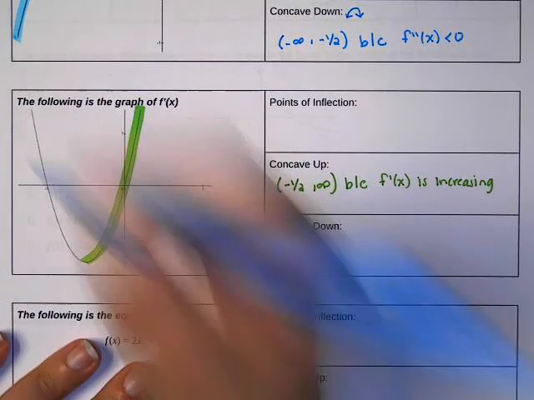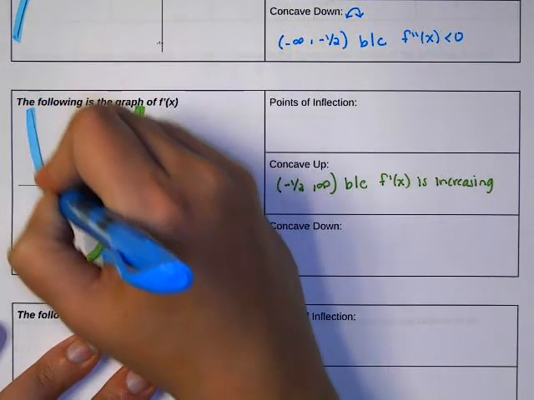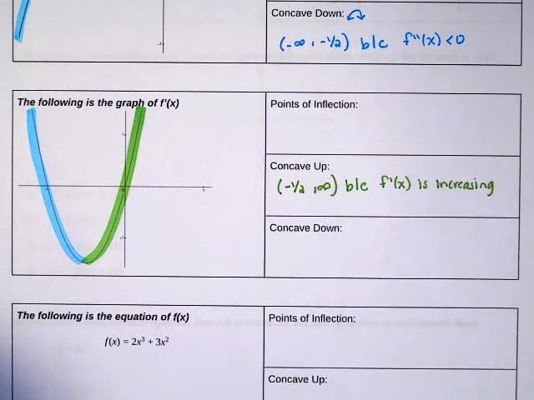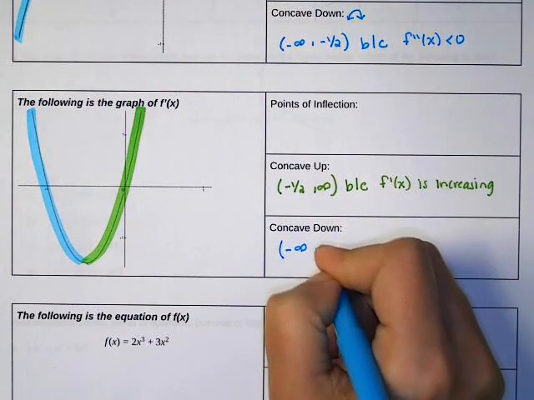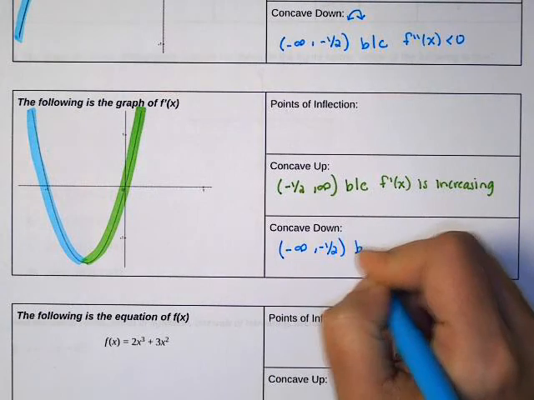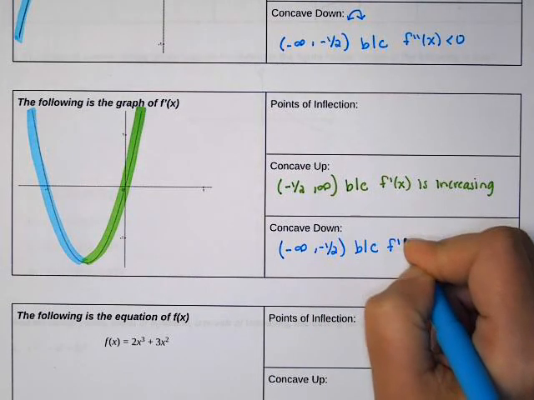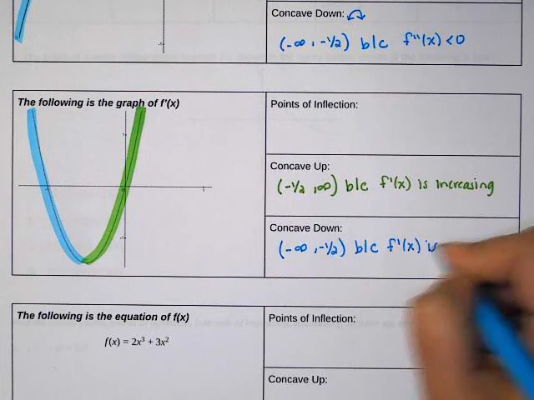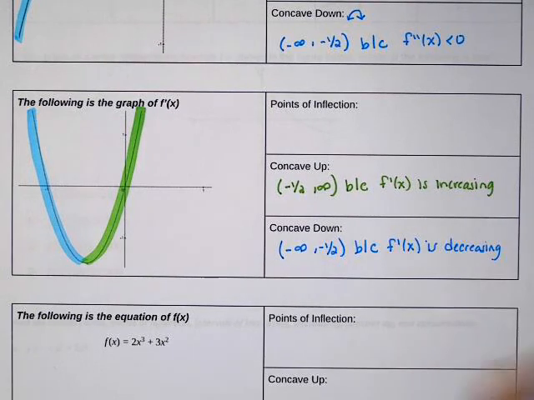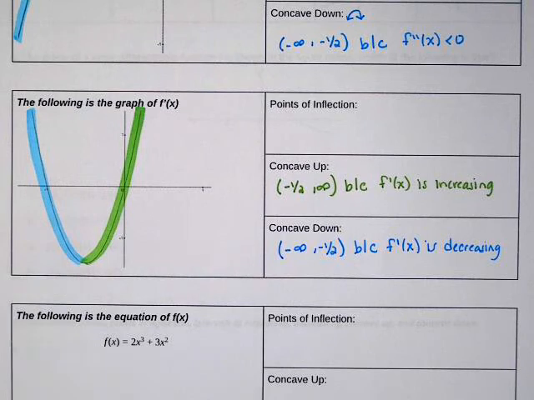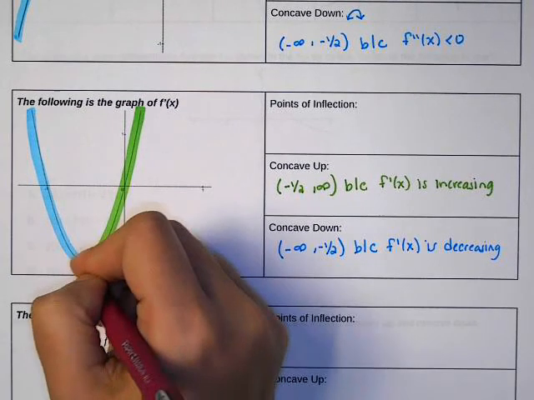I'm going to be concave down when the first derivative graph is decreasing. So I would say I'm concave down from negative infinity to negative 1/2 because the first derivative is decreasing. In other words, it has a negative slope. Last but not least, points of inflection would be the place where that changes.